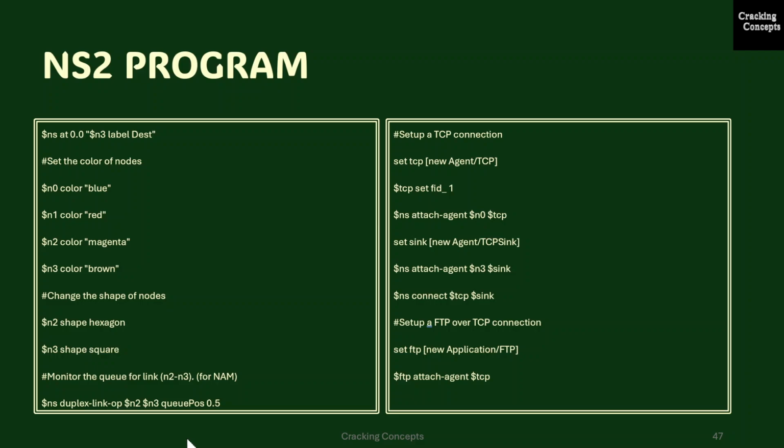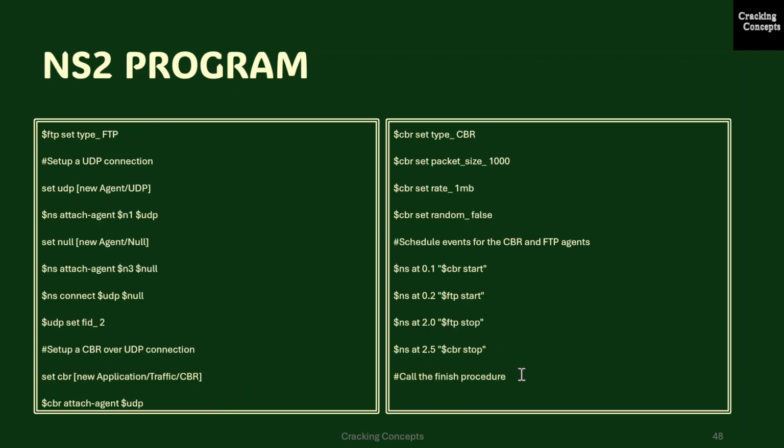Then the queue position is specified here. Then the TCP connection is set up, giving it a flow ID, attaching the agent, defining the sink, attaching it, and connecting them. Then the FTP is defined over TCP, connecting the TCP and FTP agents, then setting the type as FTP.